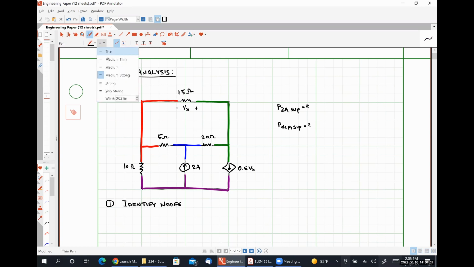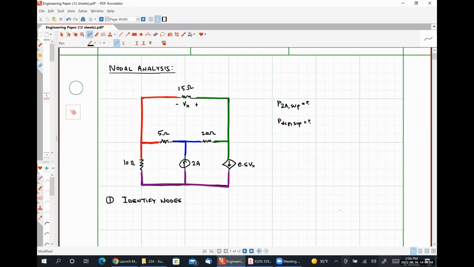Our next step is going to be to select a reference or ground node.